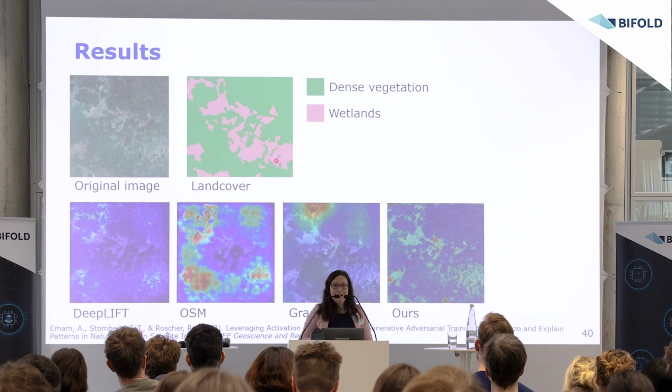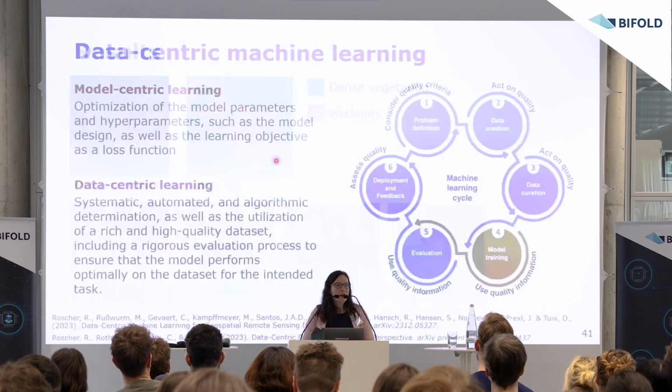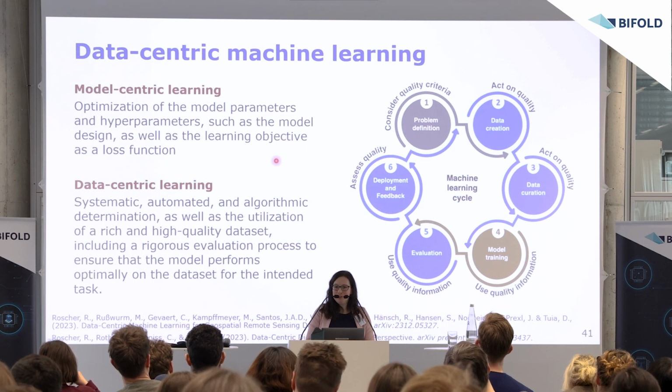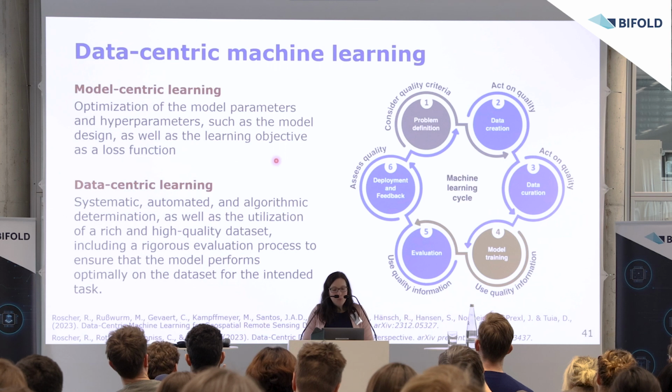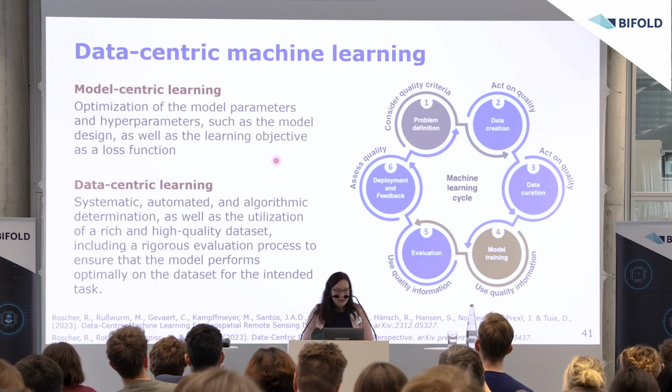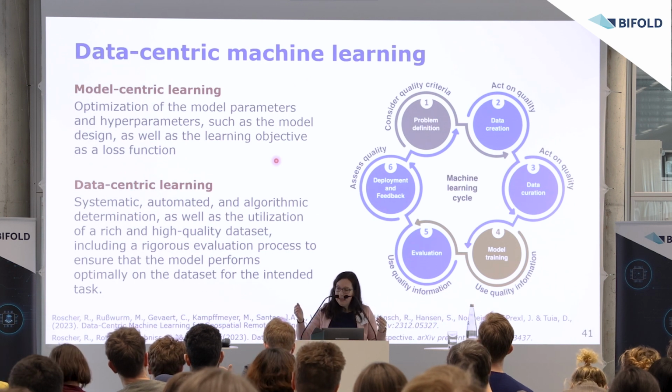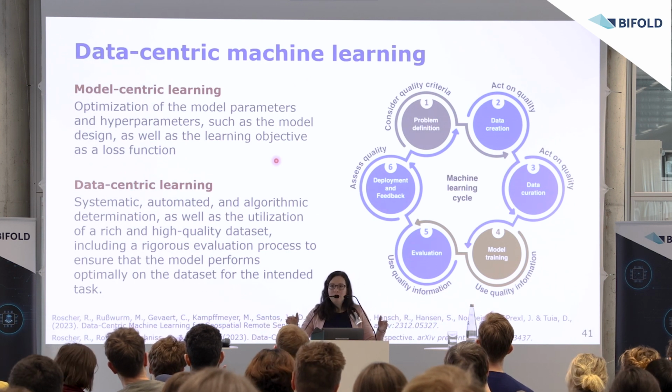Right, so very last slide. You already heard about data-centric machine learning a lot, especially from Manil this morning. And I want to emphasize this a bit more. So currently, there's a big movement about data-centric machine learning. And a lot of research in machine learning is model-centric.